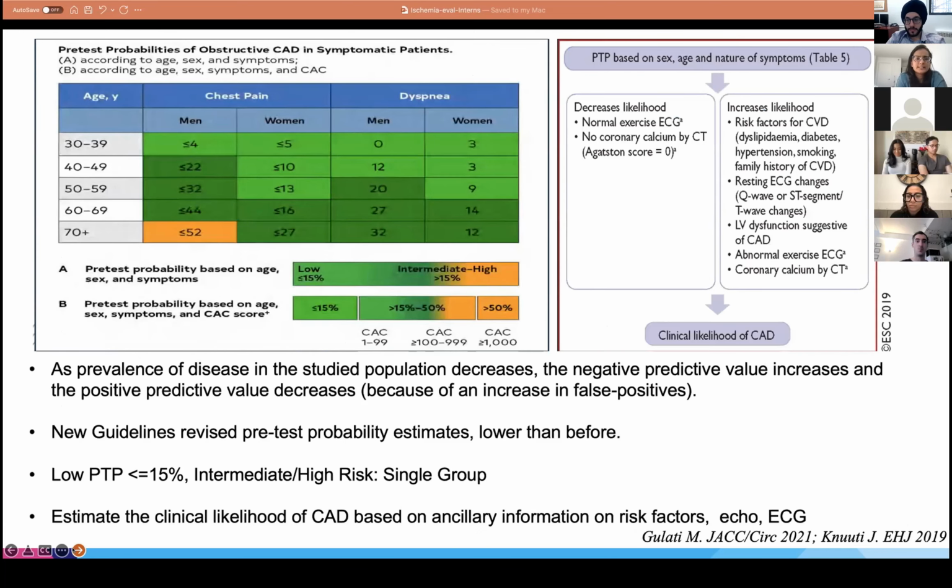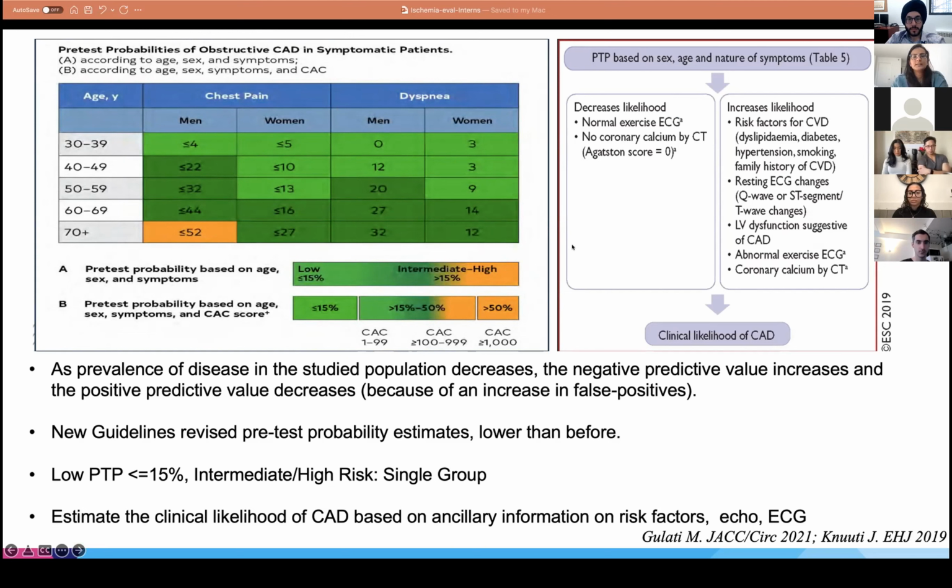So how do you assess pretest probability? In the new chest pain guidelines that just came out, they revised the estimates of pretest probability. Now they recommend that you don't think about chest pain as typical or atypical. Just categorize it into whether the patient is having chest pain or dyspnea, and based on that and the age, look at the probability.